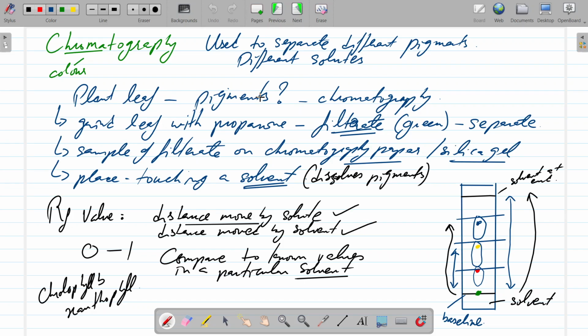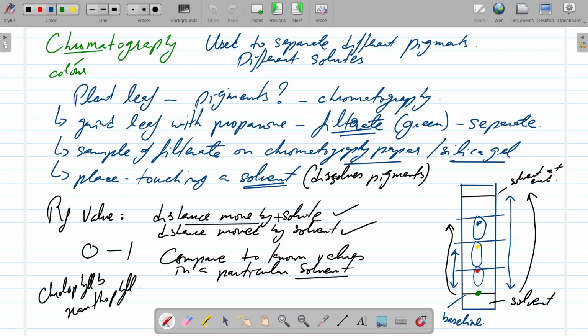In case of the plant leaf, to figure out which ones are present in a particular leaf, we grind the leaf with the right chemical, then take the filtrate, and then use that filtrate on a chromatography paper or silica gel, and then perform the experiment, and the solvent will travel up the paper to a certain height, and along with the solvent, the solutes will travel also up to a certain height depending on their mass and the structure. Then we calculate what's called an RF value.